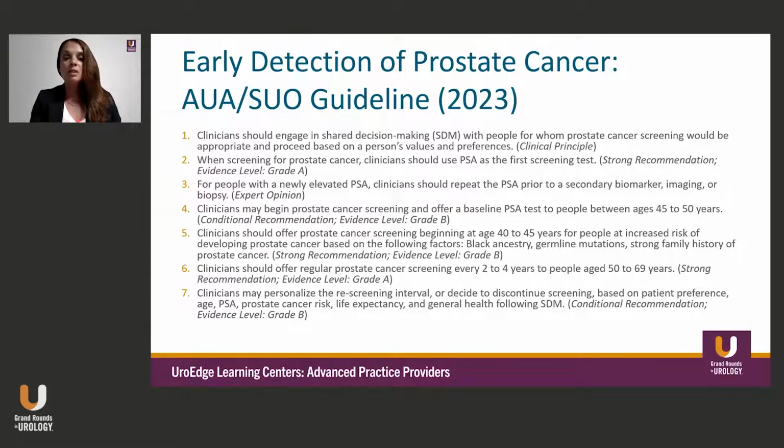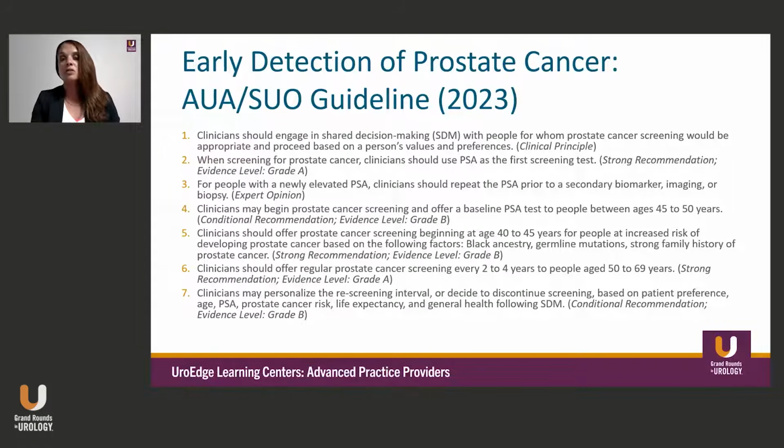Clinicians should begin prostate cancer screening and offer a baseline PSA to people between ages 45 to 50. But as noted here in number 5, to begin prostate screening earlier in patients who have an increased risk, so that includes patients of Black ancestry with a history of germline mutations and strong family history of prostate cancer.